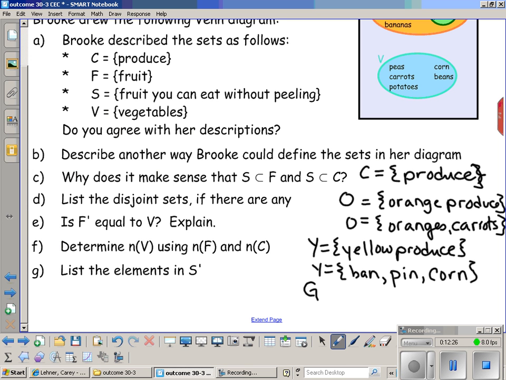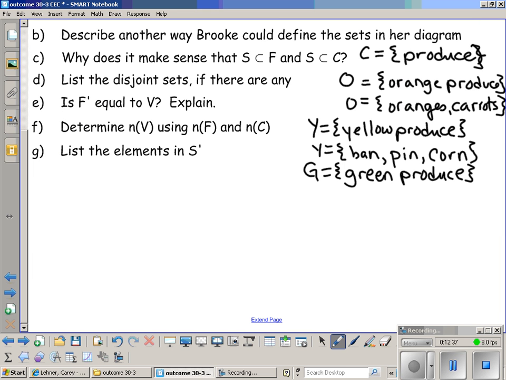We also have produce that is green. So I'm going to have another category that is green produce. And if we look at what is green, well, apples could be green. Peas are green.